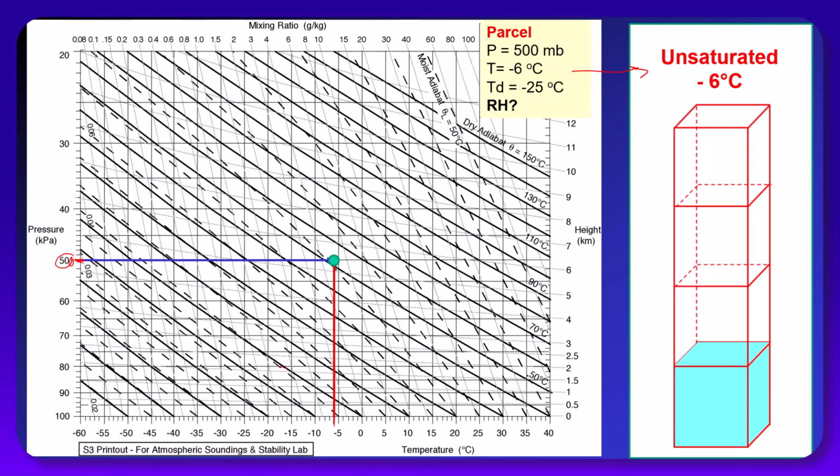There it is. In this instance, the parcel is not falling on an isohume. It's not falling on one of these lines here. So what do we do? Well, we draw a line from the air parcel following the isohumes and reaching the axis right there.